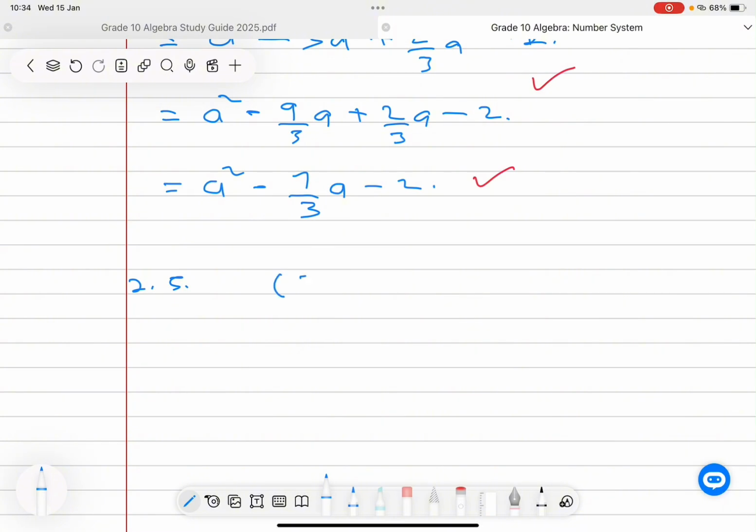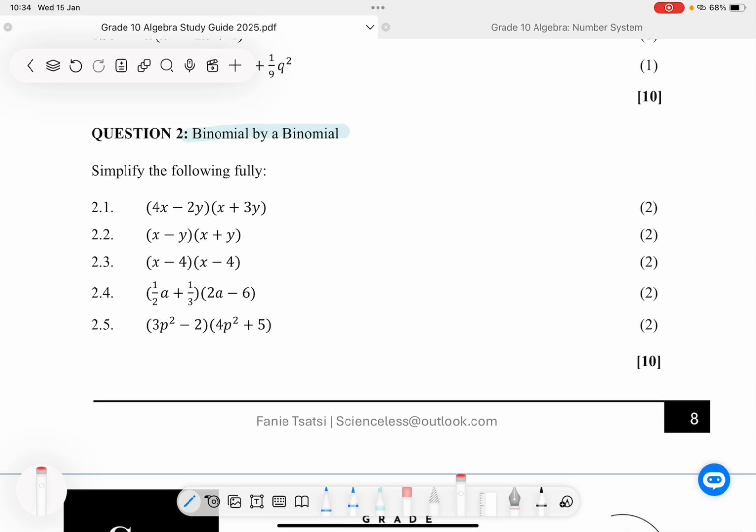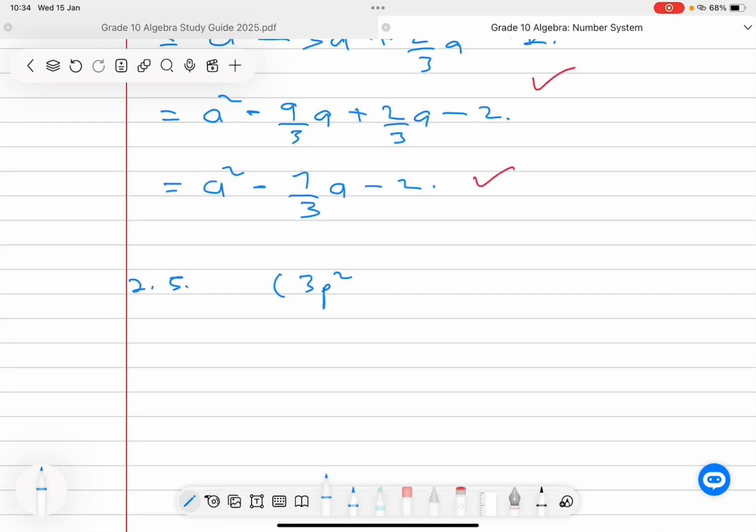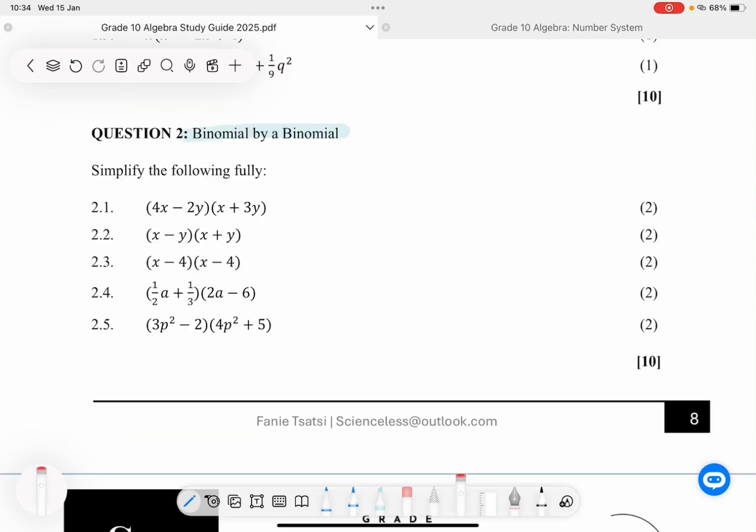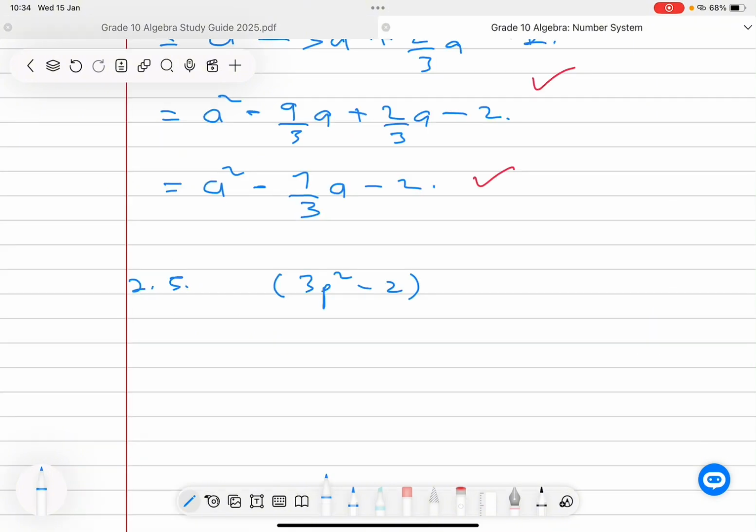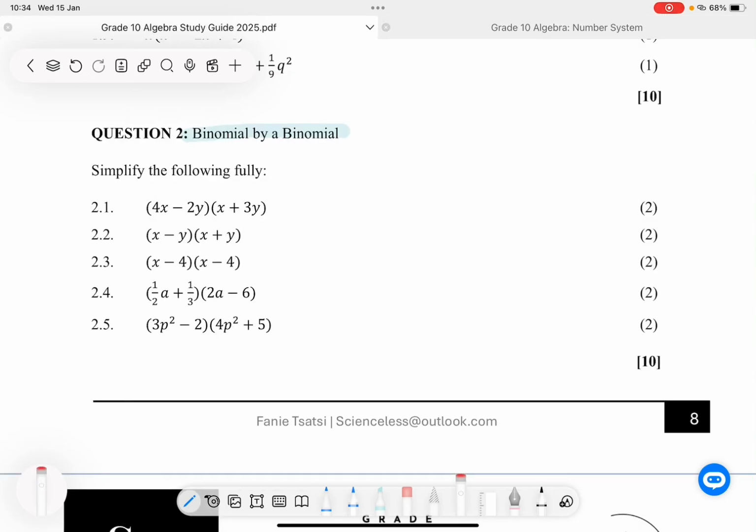(3p squared minus 2) times (4p squared plus 5).